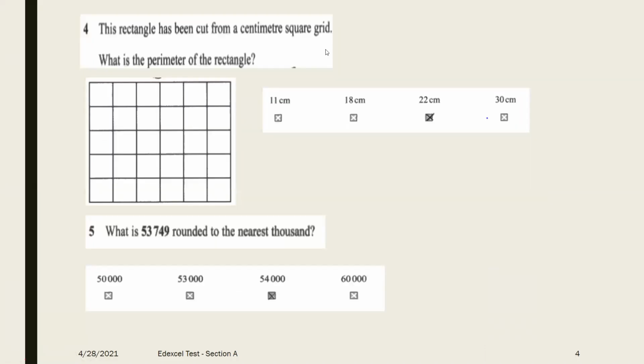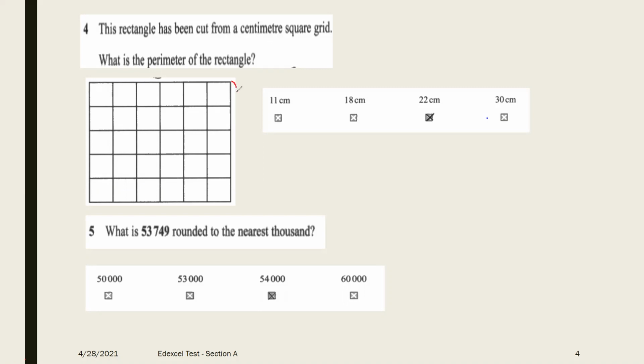Right. This is the fourth question. This rectangle has been cut from a centimeter square grid. What is the perimeter of the rectangle? We know when we want to find the perimeter, we have to add all the sides, right?